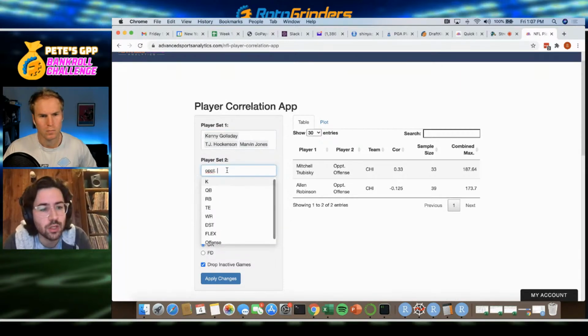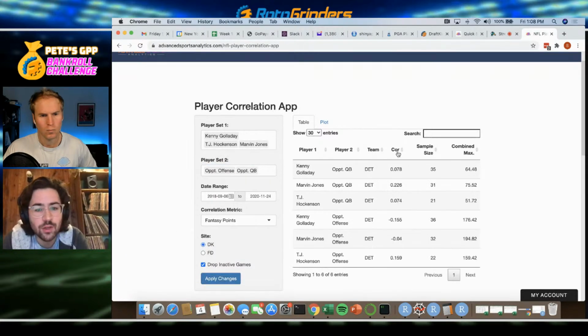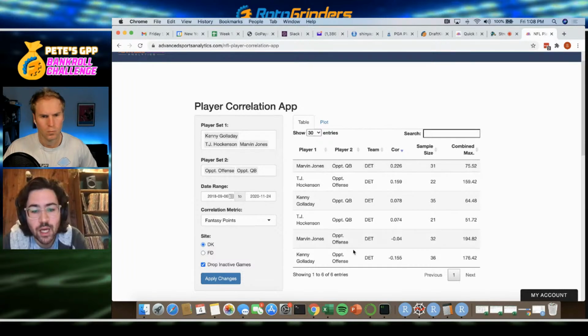And then I'll plug in opposing offense. We can also look at opposing QB, which I think is a good one to key off of and sort. All these guys have neutral to maybe slightly positive correlation with the opponent.